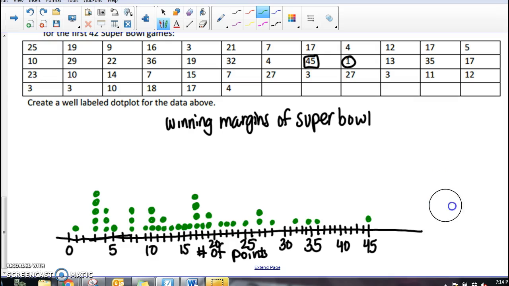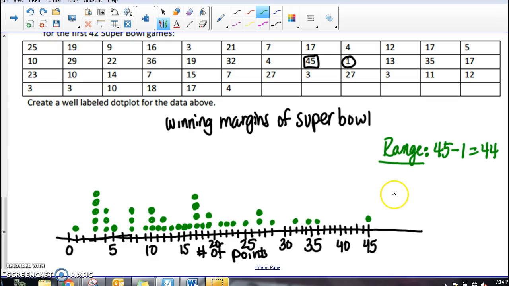One of the videos you'll watch will be about a few words we talked about. So if you were actually asked to describe this, we would say that it has a range from 45 to 1. So the range looks like it's 44 points. It's very spread out, is what that range tells us. You'll talk about mean and median, but you'll notice that 3 points was the most common, which is called the mode.